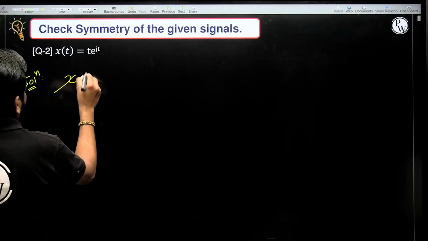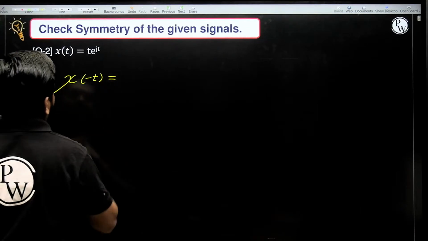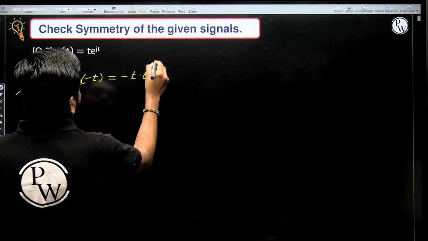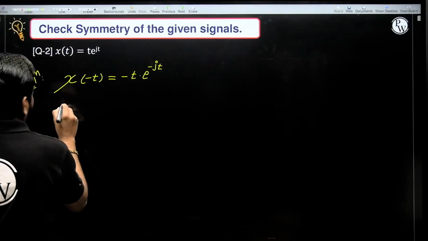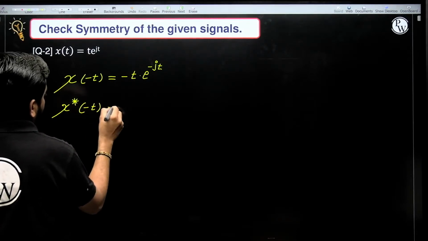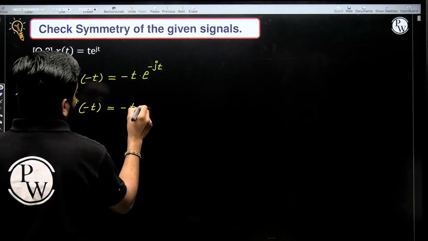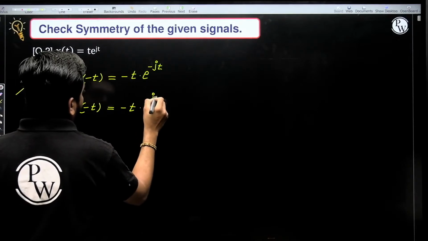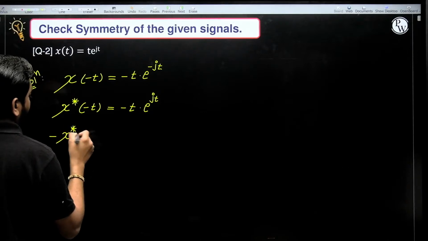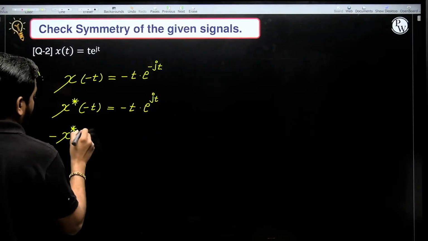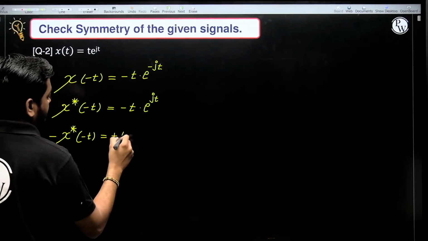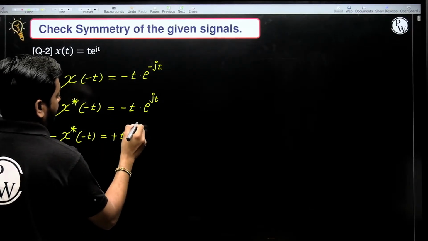First of all, t becomes minus t, so minus t times e to the power minus jt, and then conjugation: minus j becomes plus j. Then with amplitude reversal it is not equal to x of t. That's why not conjugate even. Now for amplitude reversal, it is plus t e to the power jt.